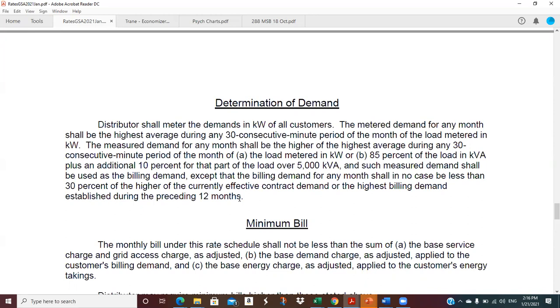Billing demand, except that the billing demand for any month shall in no case be less than 30% of the higher of the currently effective contract demand or the highest billing demand established during the preceding 12 months. And I've seen this kick in. We've been to a few plants.